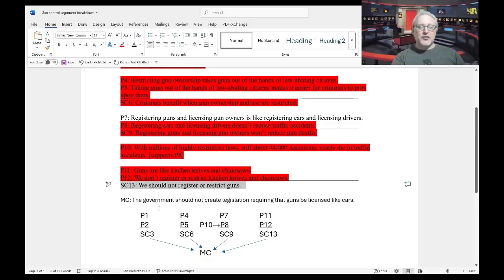Well, that means we could say the first one doesn't work, the second one doesn't work, and maybe also the third one doesn't work. But maybe the fourth one, since it's independent of all of the rest and doesn't require them to work, would be strong enough for us to accept the main conclusion anyway.